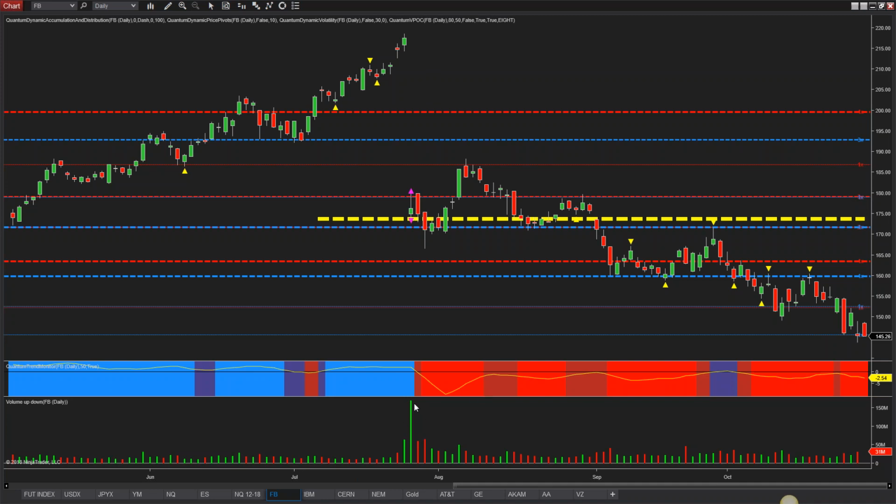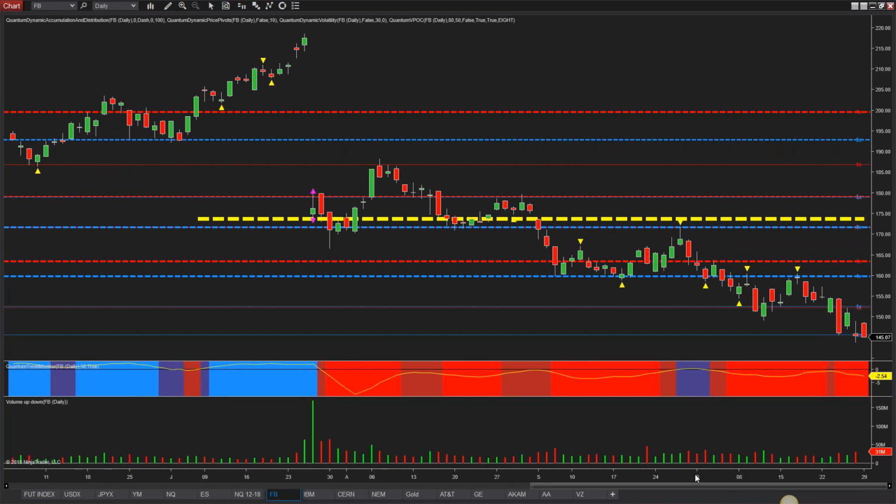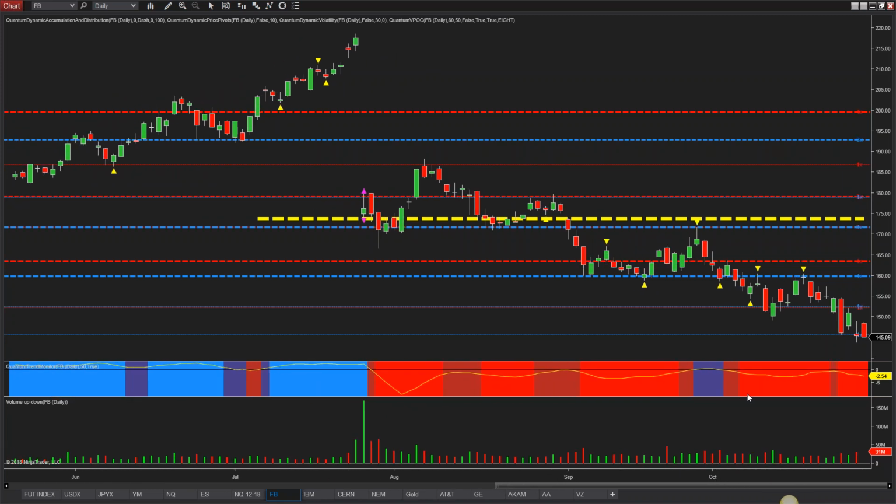An absolute ton of volume came in, and this was basically on the release of news that a huge number of Facebook users had their data compromised. And that has caused the stock price to continue to fall, as you can see here. We're now down at 145.13, which is not quite $100 from where it was, but it's certainly getting on that way.